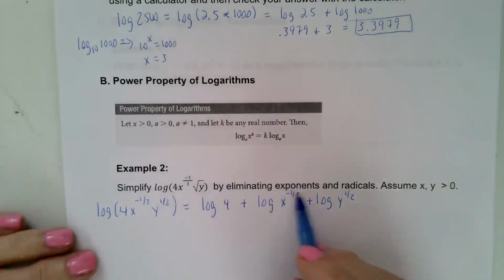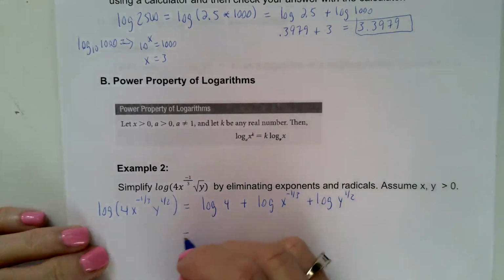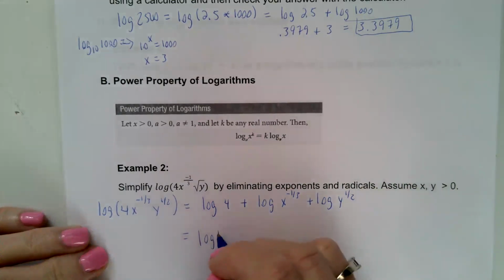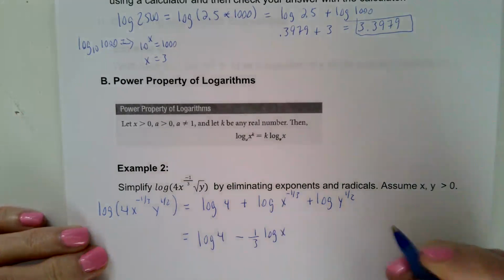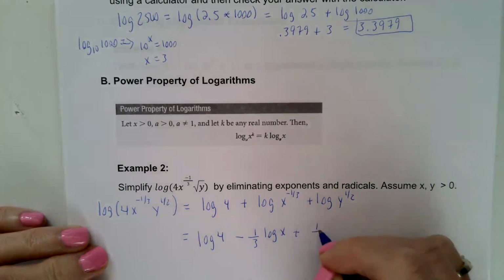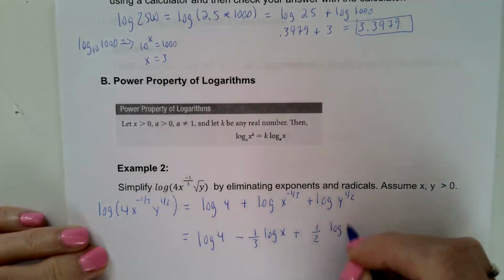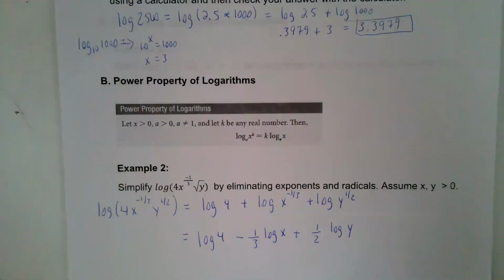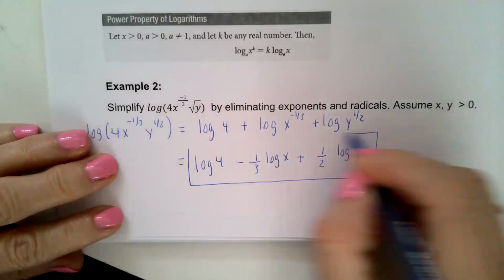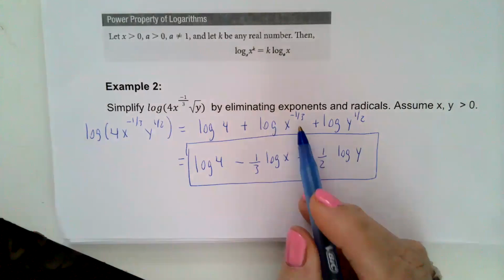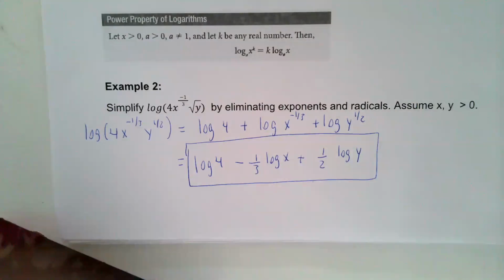Then we can bring the powers down out in front. So this is really the log of 4 minus 1/3 times the log of x plus 1/2 times the log of y. So you can bring the power down in front.